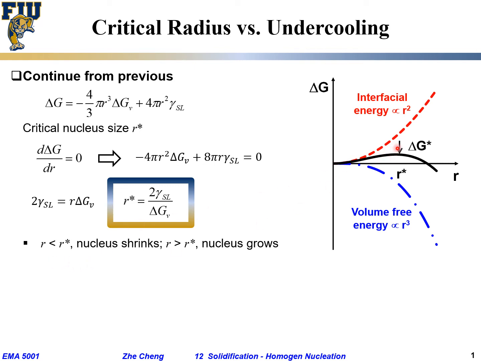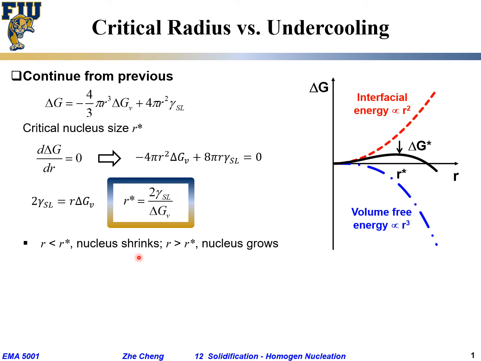We would say if you form a cluster within the liquid, but it has radius smaller than this r star, if it's here, naturally, where would that cluster go? Become larger or smaller? Well, in order for it to grow, the energy has to increase further, which is not spontaneous. But on the other hand, it's natural for that small cluster to roll back down, to decrease in cluster size, to shrink. Make sense?